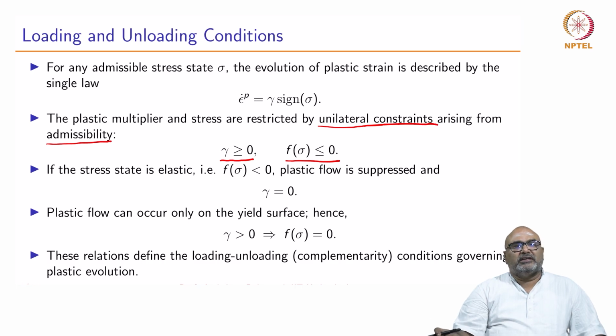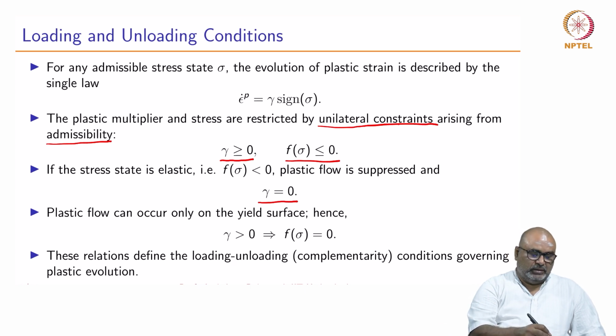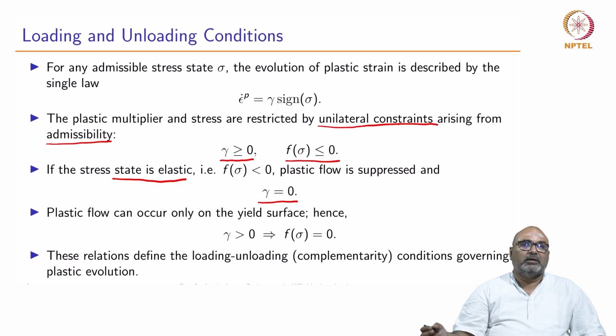So, if the stress state is elastic and f of sigma is less than 0, the plastic flow is suppressed and therefore the slip rate gamma is equal to 0 and the stress state is purely elastic. When f of sigma is less than 0, the stress state is purely elastic, plastic flow is suppressed, the slip rate is equal to 0.